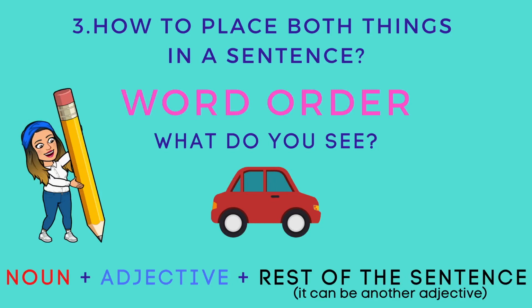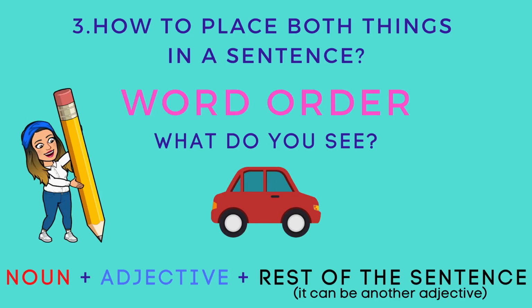Un carro, a car. Muy bien, carro. After the noun comes the adjective. What is an adjective that we can use for this car? Muy bien, rojo. Pequeño. Rojo, like the color. Pequeño, talking about the size. And then the rest of the sentence, that it can be also another adjective.